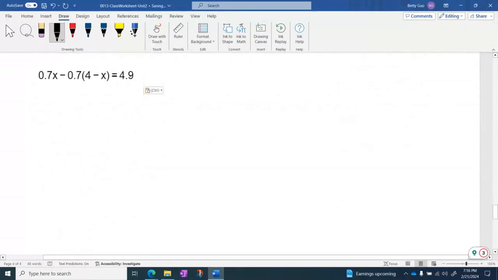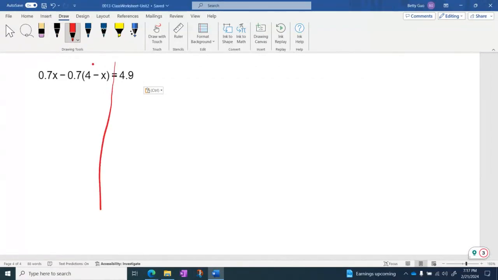I'll do this one, okay? This one is a little bit different. This one, the structure is not quite clear at the very beginning.